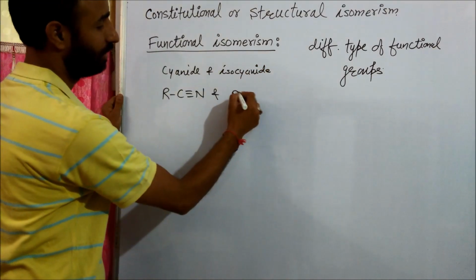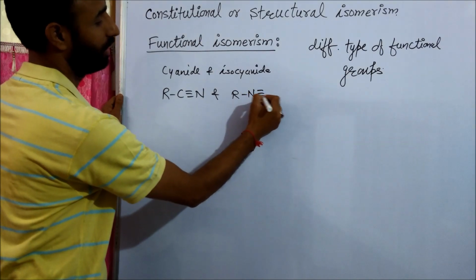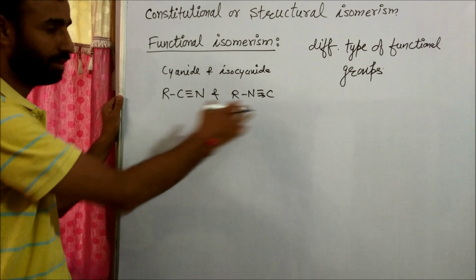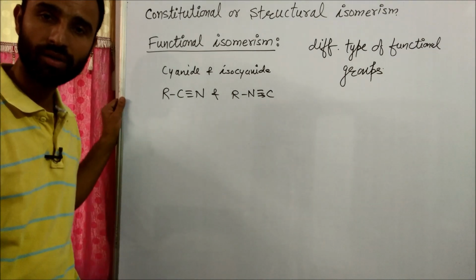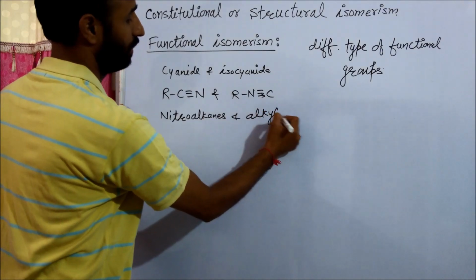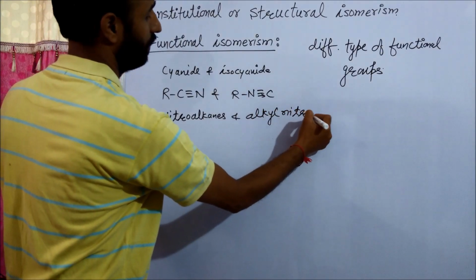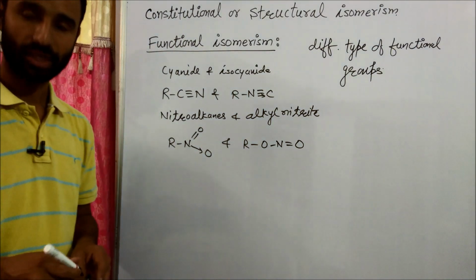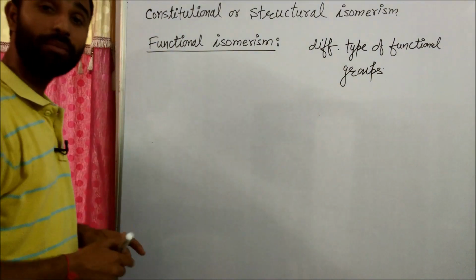Alkyl cyanide, alkyl isocyanate. Again functional isomers. Nitroalkanes and alkyl nitrite. Again, functional isomers. Different types of amines.